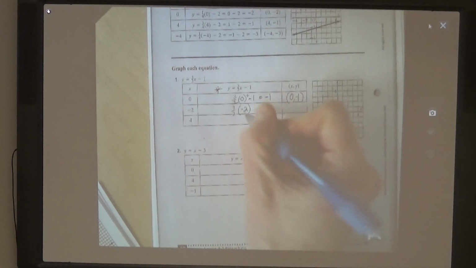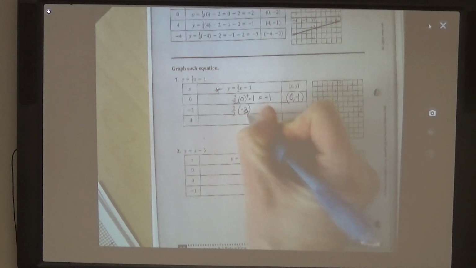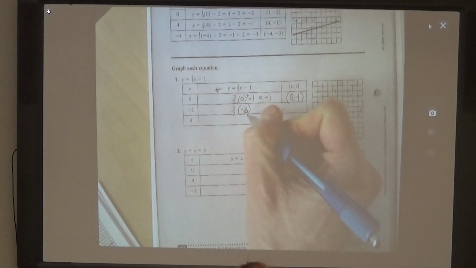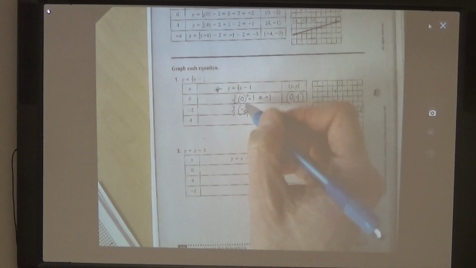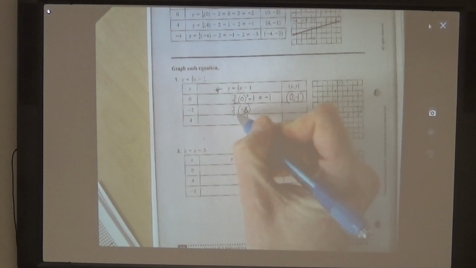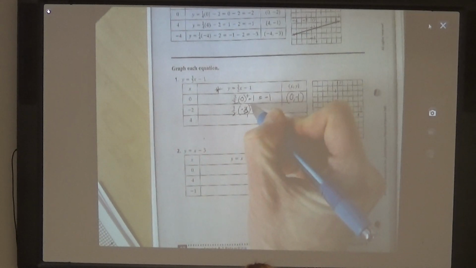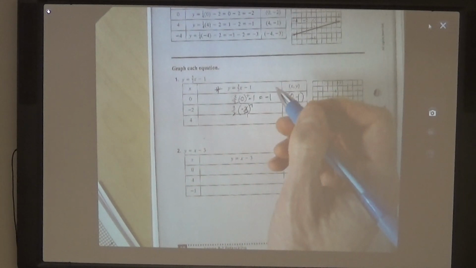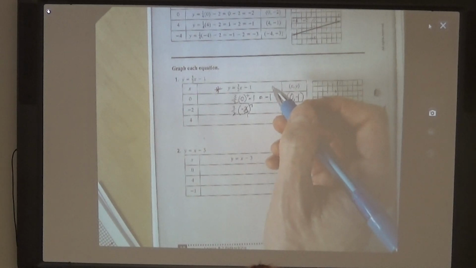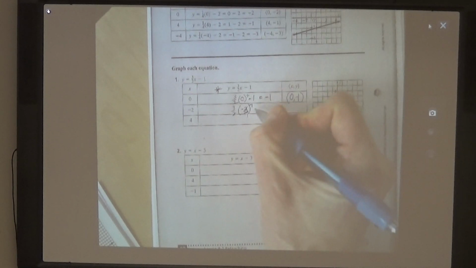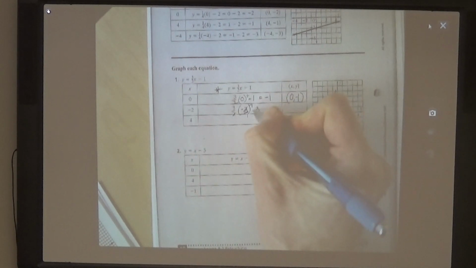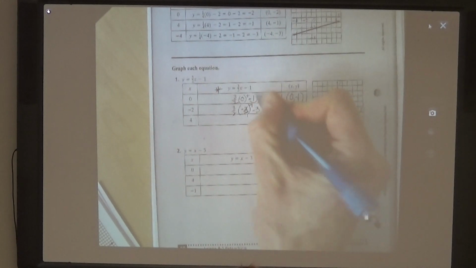Or, if we couldn't do that, we could just use the fraction. Make negative 2 over 1 a fraction, and then multiply the fraction times the fraction. Negative 2 and 2 can be reduced to negative 1, and then multiply 3 times negative 1. Negative 3. Yep, good. And then plus negative 1.